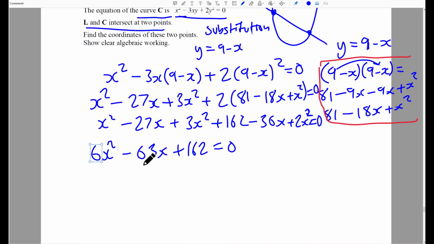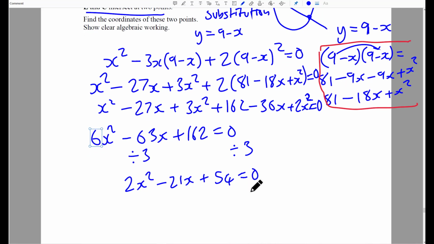Now, we can simplify this by dividing it all out by 3. 3 goes into all of that. So then we get 2x squared minus 21x plus 54 equals 0.